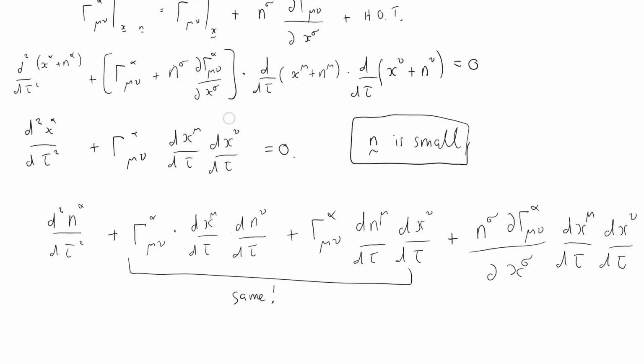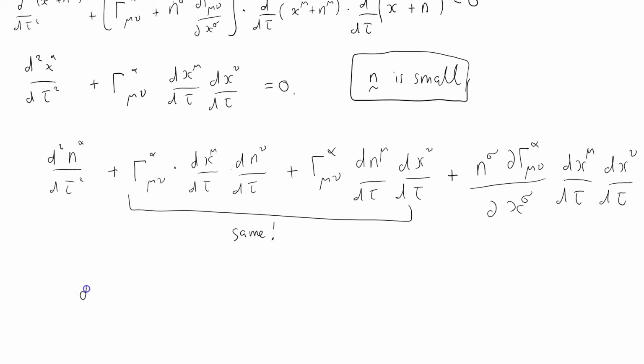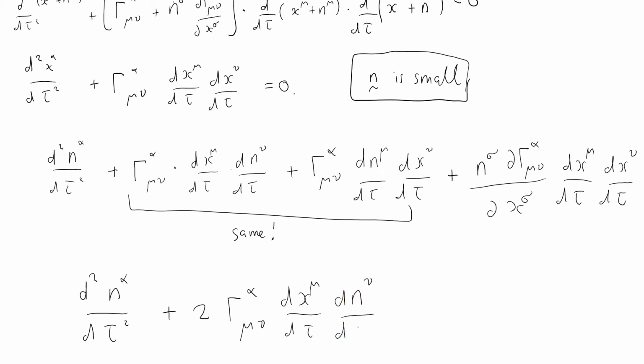Let me just combine some terms. d2n alpha by d tau squared plus 2 Gamma alpha mu nu dx mu by d tau dn nu by d tau. You see they just swap over. Those two terms are the same because the Christoffel symbol is symmetric.